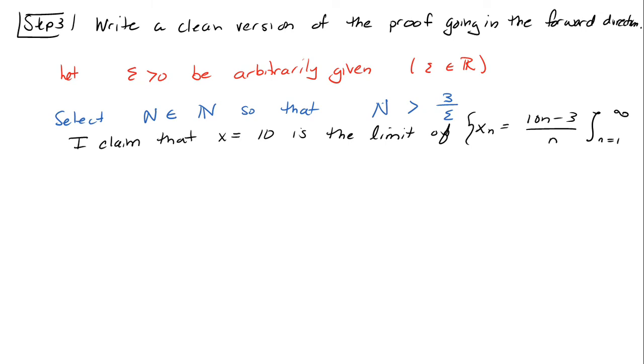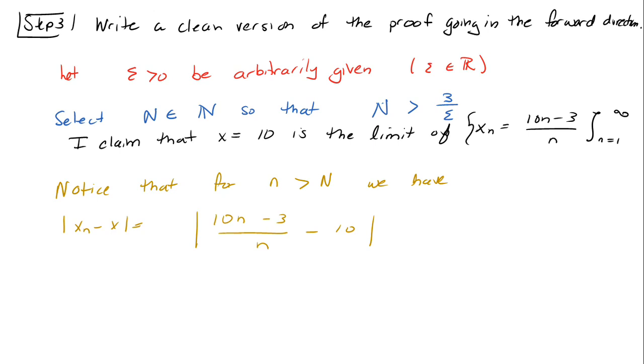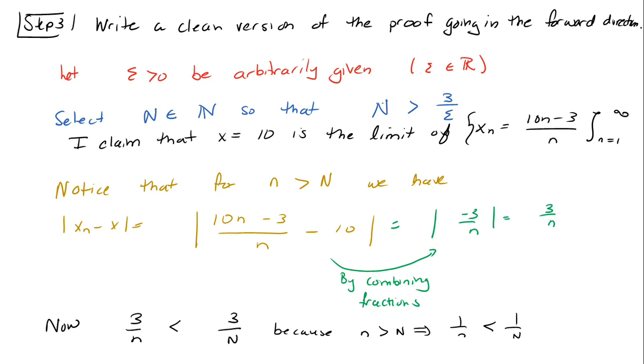I claim that 10 is going to be the limit of this sequence. So xn minus x is this guy, which by combining fractions, I know this becomes minus 3 over n, which minus 3 drops out, I get 3 over n.